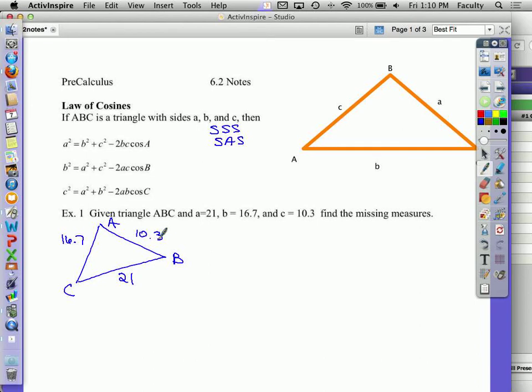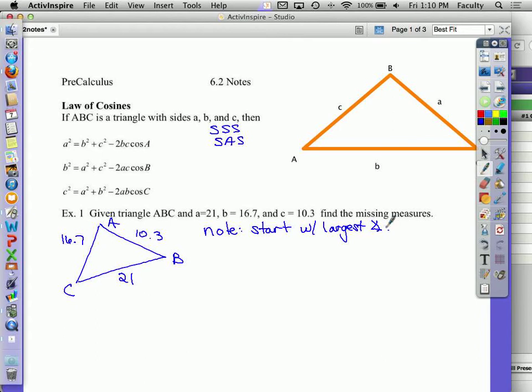Now, something I need to tell you about this is that when you're trying to find the first angle, you need to start with the largest angle. Because if you don't, you might inadvertently create a side-side angle situation.